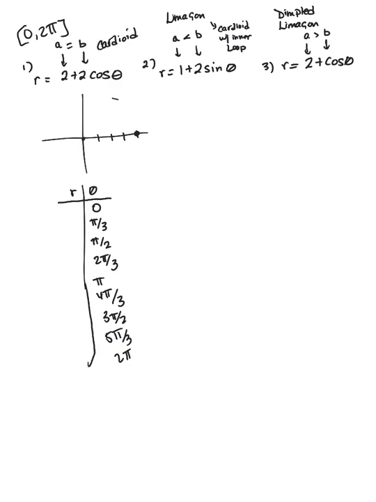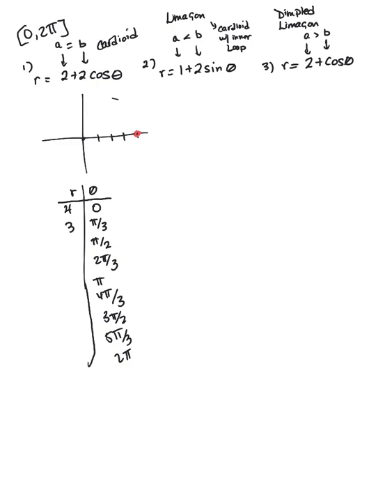Okay, so I'm going to have 2 plus 2 cosine theta, which is going to be 4. So my graph starts here at this point, right here. Okay, then when I have pi over 3, I'm going to have 2 plus 2 times a half. So that's going to be 3.